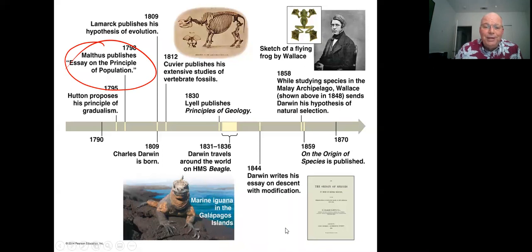So we know that they really hated survival of the fittest, that they really wanted descent with modification to be the terminology that would be used, but they also recognized that people would find survival of the fittest much cooler than descent with modification. So they basically resigned themselves to survival of the fittest as being the terminology.